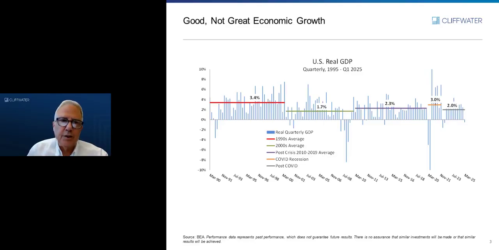So big picture, the economy is good, not great. Here we show quarterly GNP by quarter, broken down into different sub-periods. The most recent sub-period I call the post-COVID period, where basically we've been growing at a 2% annualized rate. As you know, we had a negative first quarter.